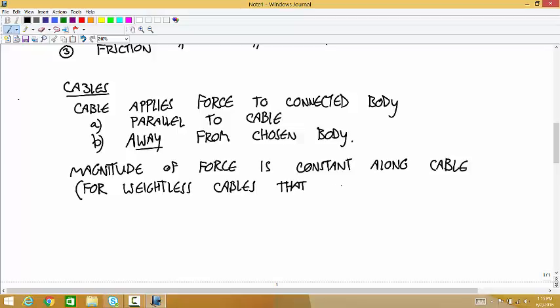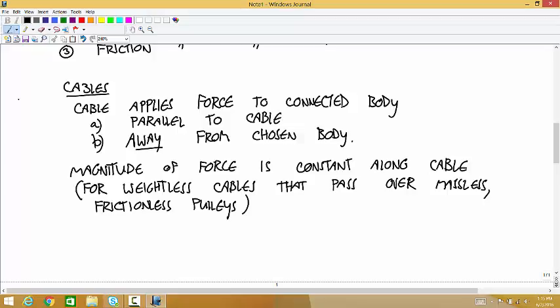that pass over, so if they pass over anything, what they pass over has to be massless, frictionless pulleys. That seems like a lot to ask.